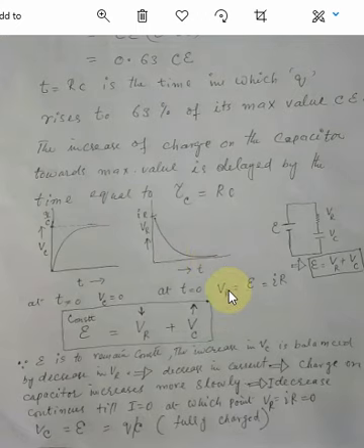So at time t equal to 0, E is equal to VR, and at the final time t, E is equal to VC, whereas VR is 0. This is the charging process of the capacitor.